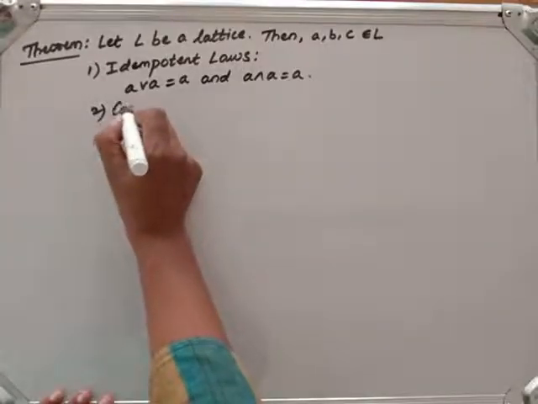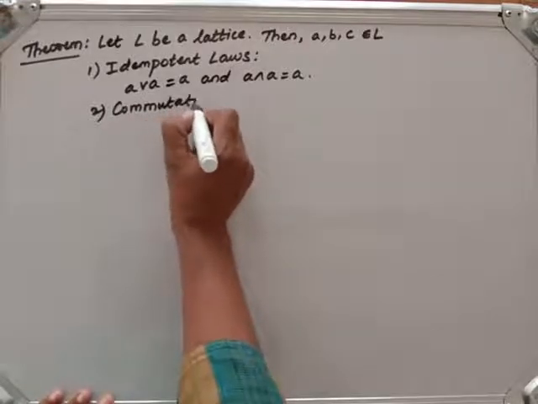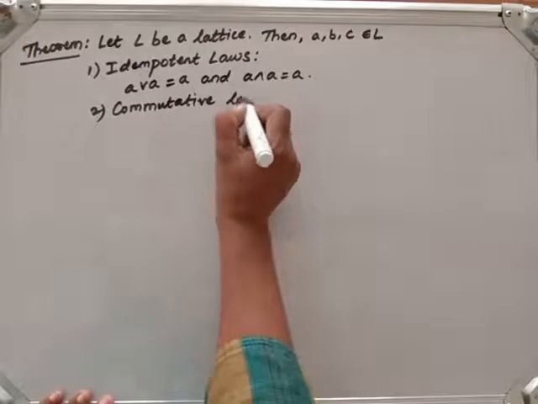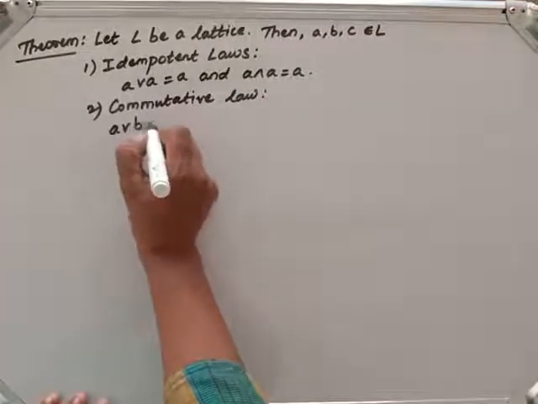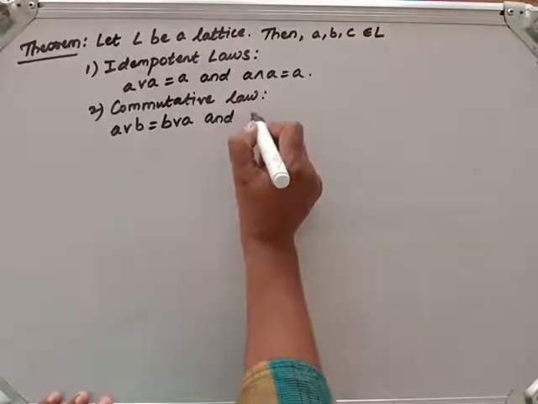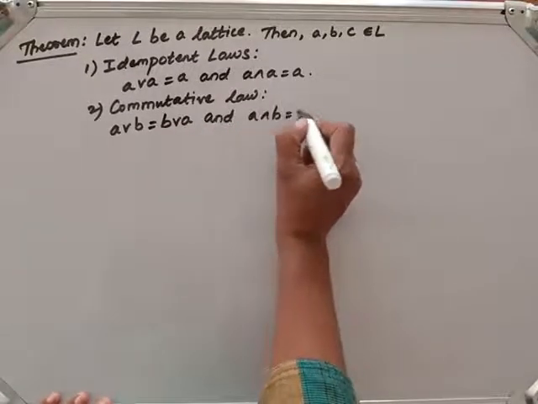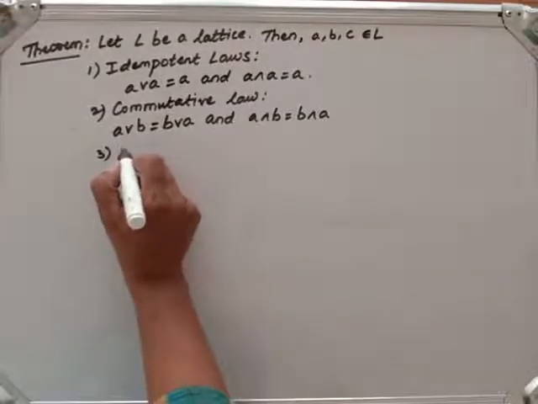Second thing, commutative law. What do they say? A join B is same as B join A, and A meet B is same as B meet A. Third one is what?